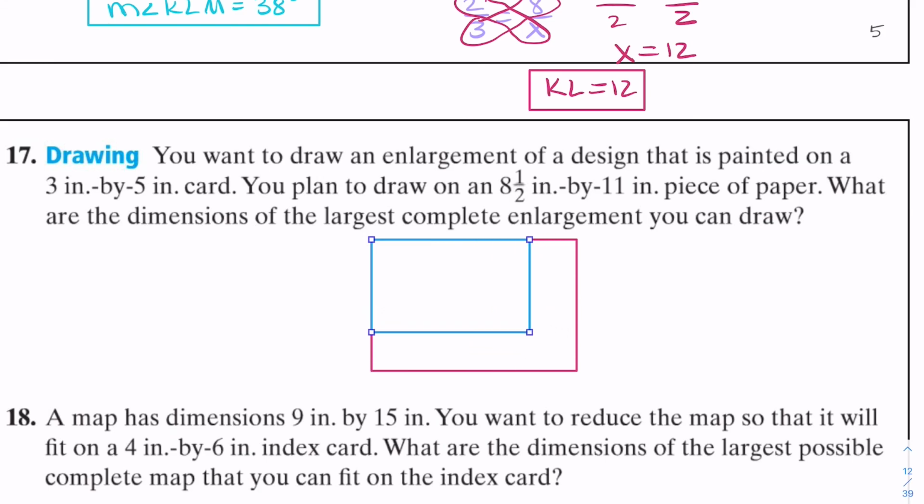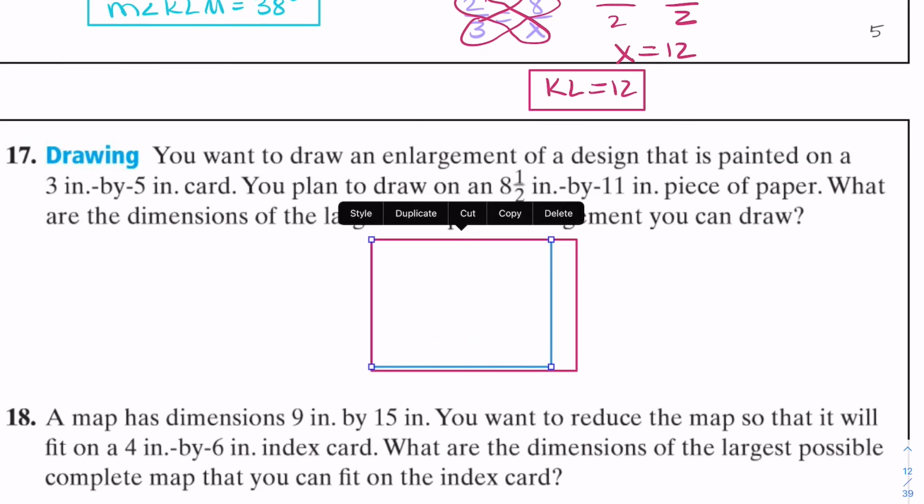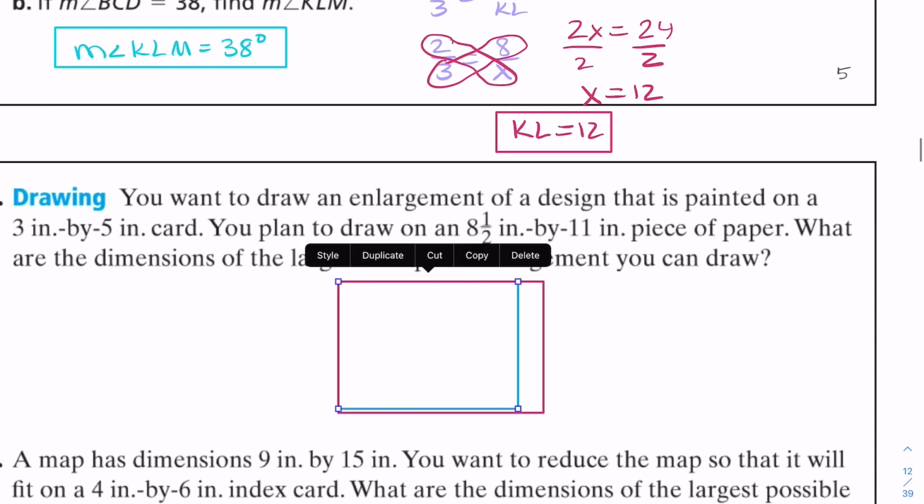So I'm going to enlarge it until I hit a maximum, and then I have to stop. So I need to run two separate tests for this. Again, I don't know, is it going to hit here or here?